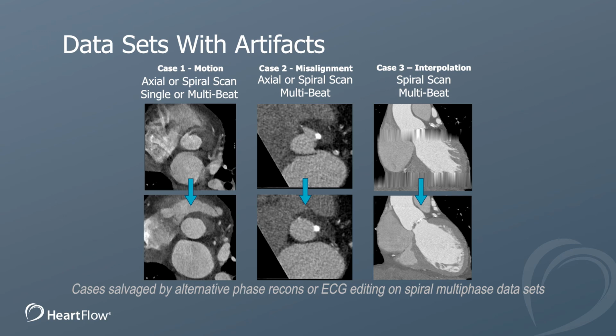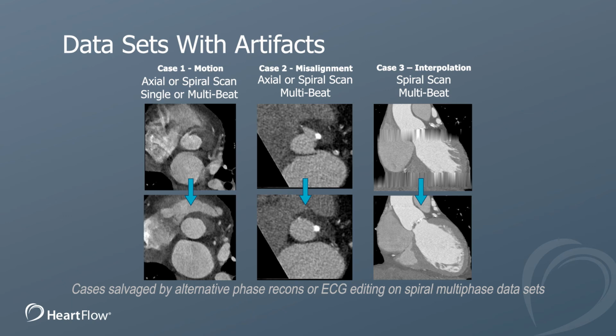Lastly, you can see interpolation artifact. This would only happen in spiral scan mode. The reason this occurs is because there's missing data as the patient's moving through the gantry. They are moving too quickly for the rate. There's not enough data to register an image and it interpolates.